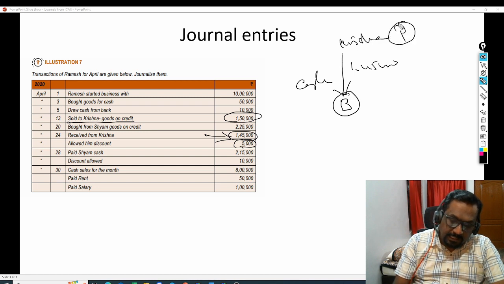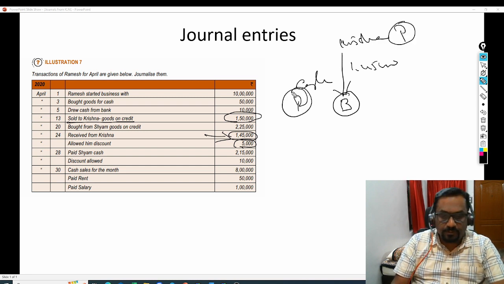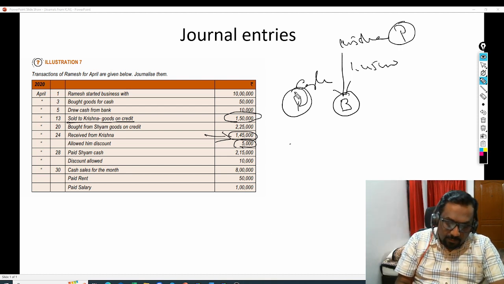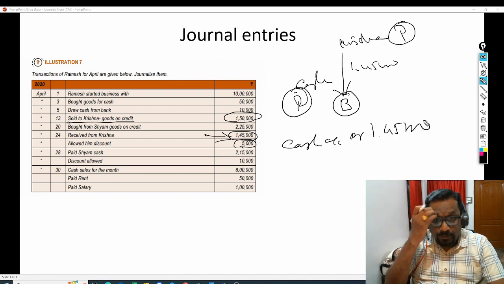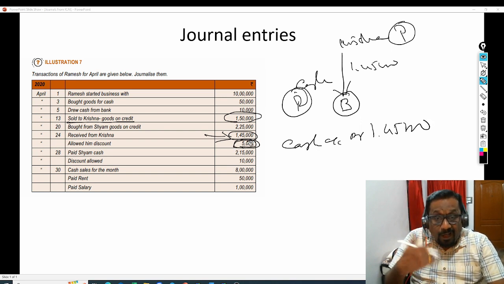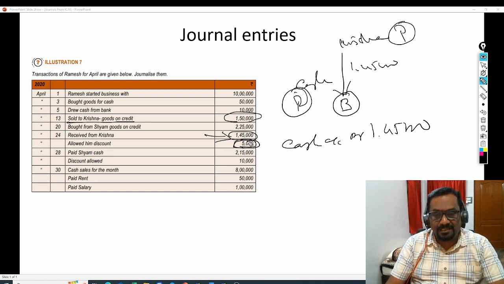Krishna comes under personal account. Cash comes under real account. So real account principle: debit what comes in. Cash is coming in, so cash account debit 1,45,000. Cash we received only to the extent of 1,45,000, and we allowed a discount of 5,000. Discount allowed is an expenditure.